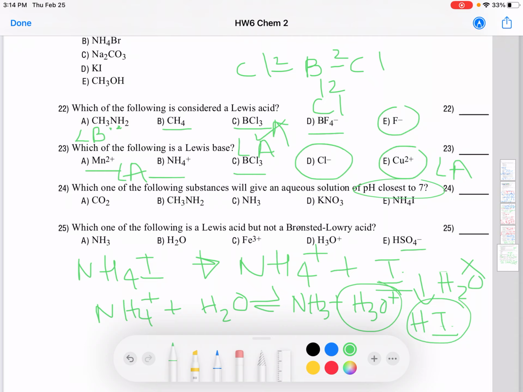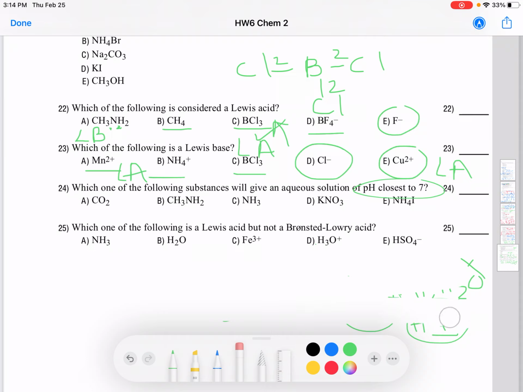It's potassium nitrate. And number 25, which one of the following is a Lewis acid but not a Bronsted-Lowry acid? Now a Bronsted-Lowry acid is something that can donate a proton. A Lewis acid is something that can accept a pair of electrons.